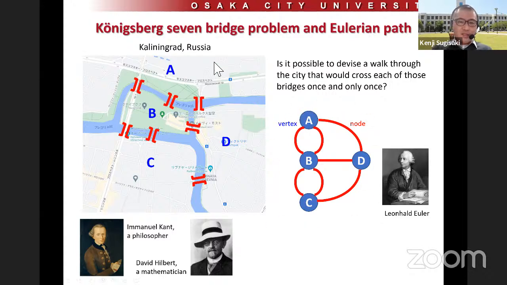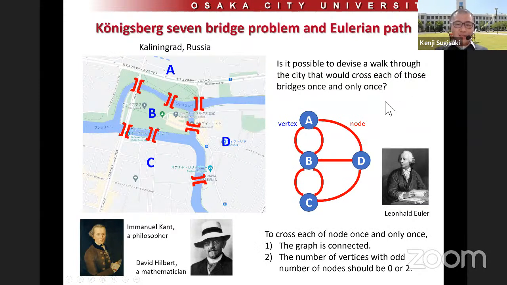So in this case, we define the places as A, B, C, and D, and translate the bridges as edges. So in order to devise a walk through the city that crosses each of these bridges once and only once, it is translated to the problem of crossing each edge only once.